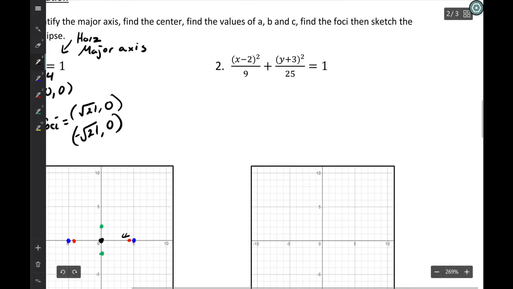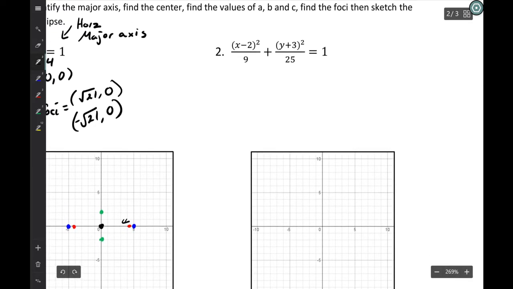In our next problem, this one's a little bit more complicated, has a lot more going on, but we're going to leave the 25 underneath here. So now it's a vertical major axis. Okay, with a vertical major axis, same process though.